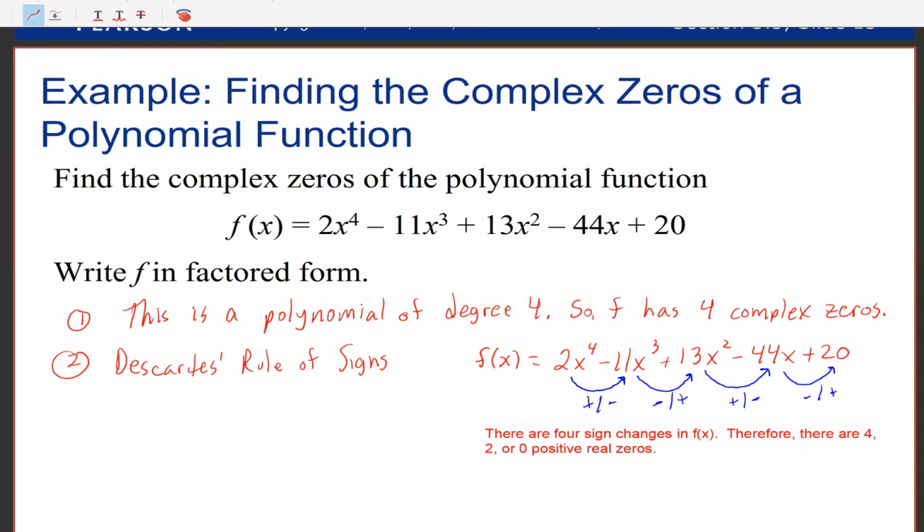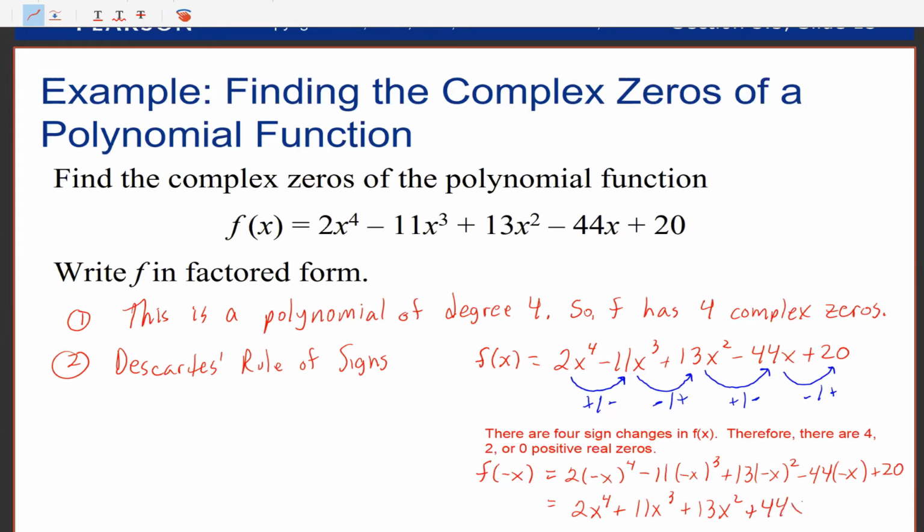And then we want to determine the potential number of negative real zeros. To do that, you evaluate f of negative x. So that's 2 times negative x to the fourth minus 11 times negative x to the third plus 13 times negative x squared minus 44 times negative x, and then plus 20. So this is 2x to the fourth plus 11x cubed plus 13x squared plus 44x plus 20.